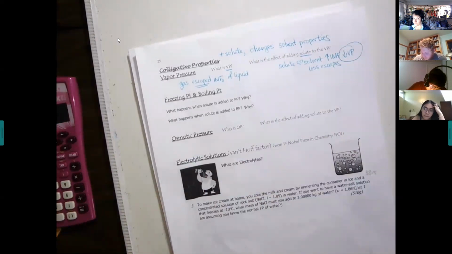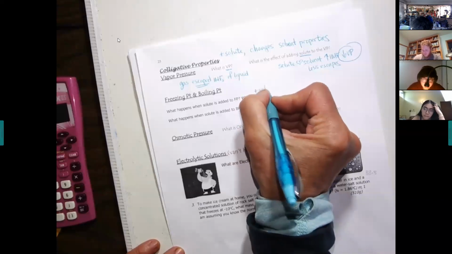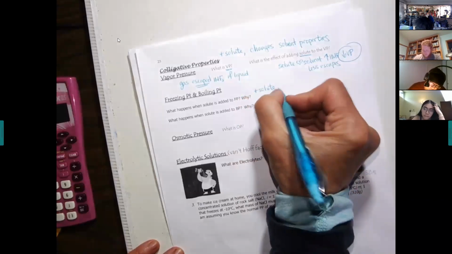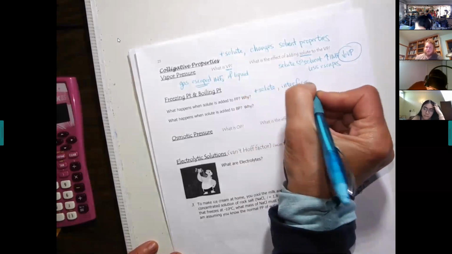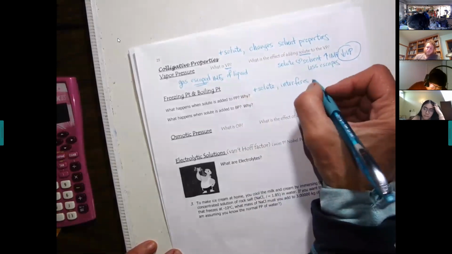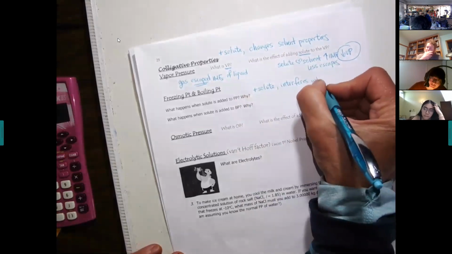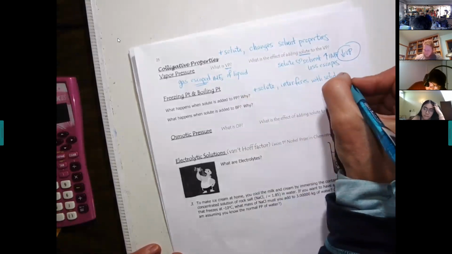All right, freezing point. What happens to freezing point? As you add solute, it interferes. Remember, what makes a solid special is the pattern. So it interferes with the solid's lattice structure or pattern.